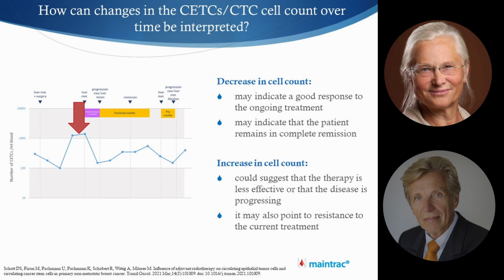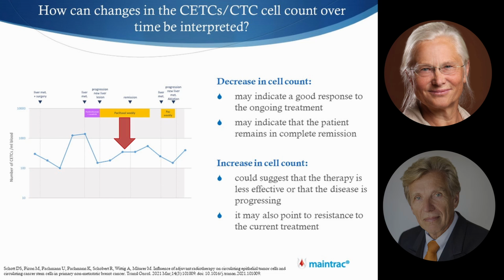But in this case, cell numbers increased and a new liver metastasis was detected. And subsequently, the treatment led to a decrease in cell numbers, but the liver metastasis did not shrink, because sometimes the cell numbers decrease before the metastasis shrinks.